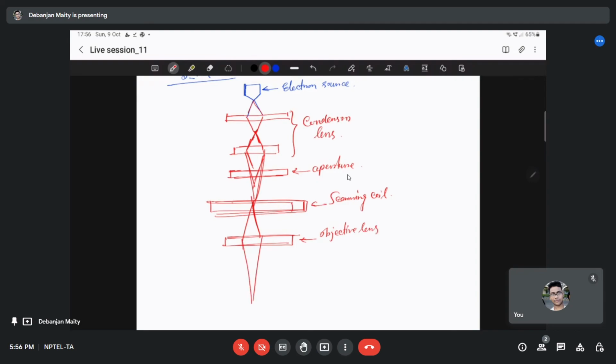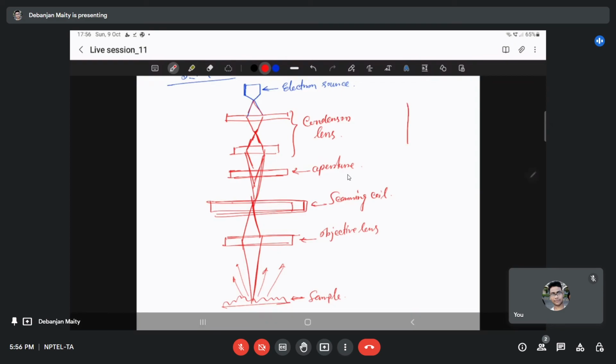And then you're focusing it finally. Here you have your sample. Then your electron beam is colliding with the sample and it is getting scattered.